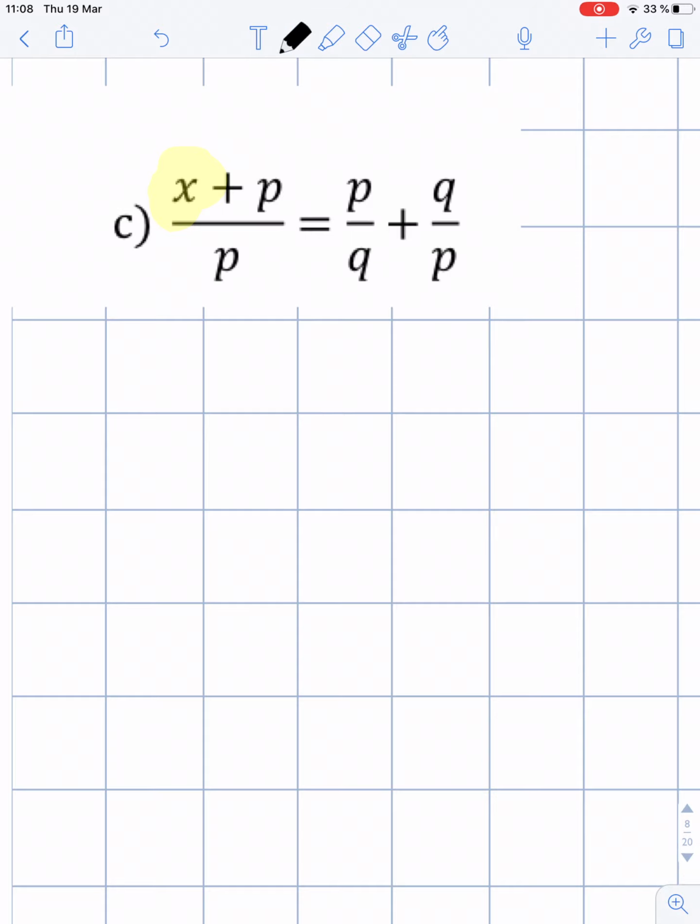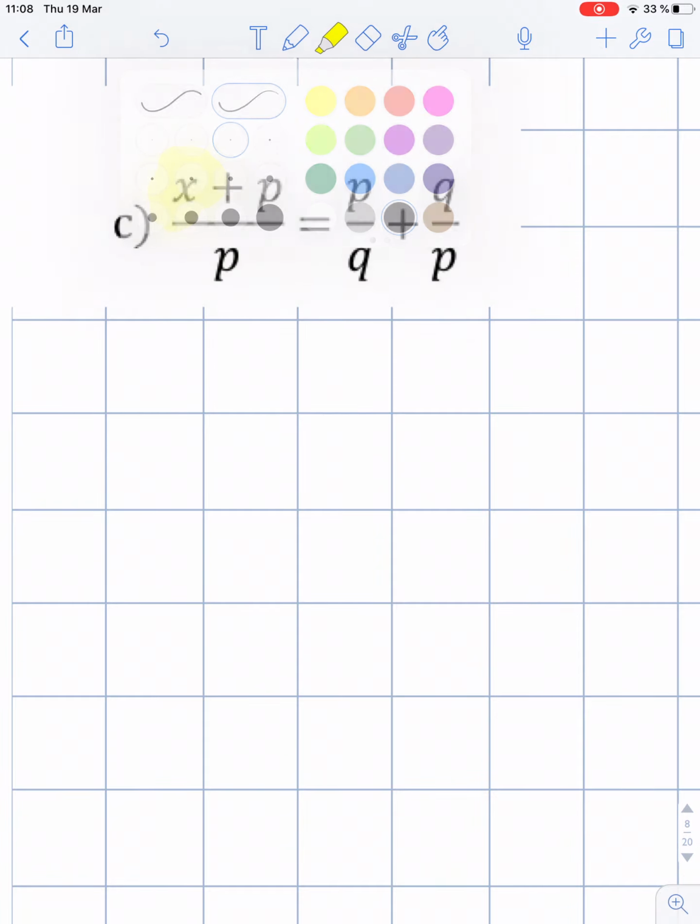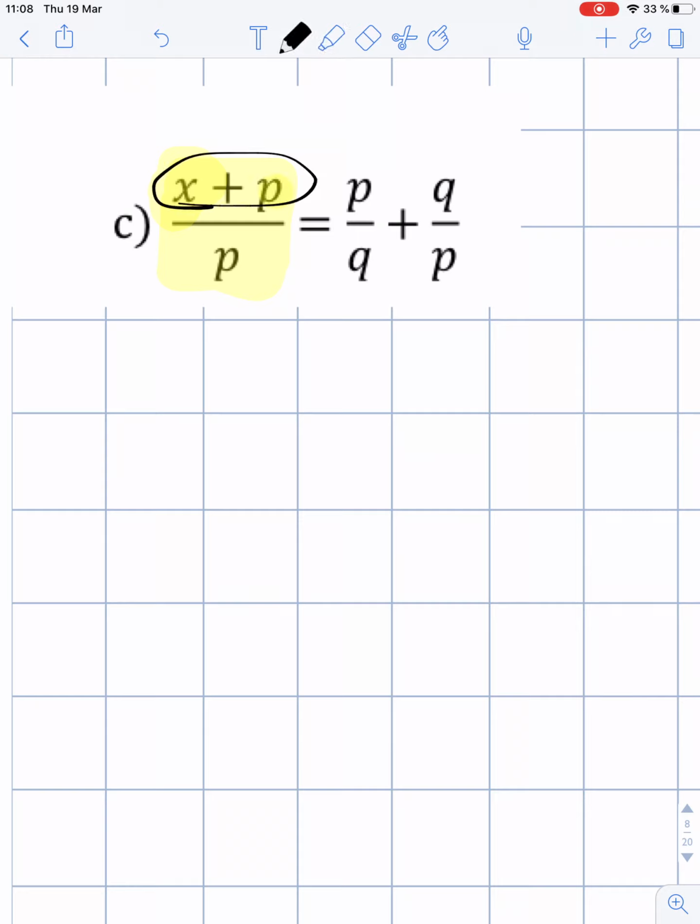If you see, in this fraction we have x plus p divided by p. We have two variables at the top and one variable at the bottom. Now we are going to split out the variables. For example, you have this x plus p over p.